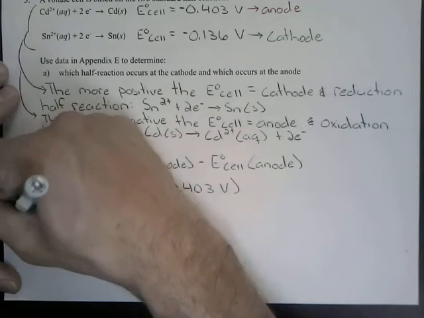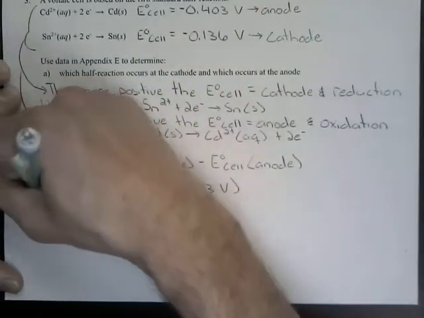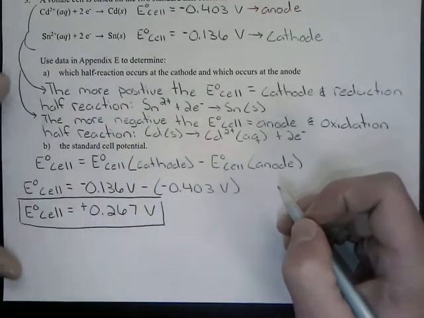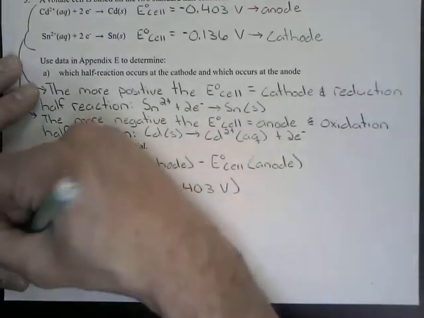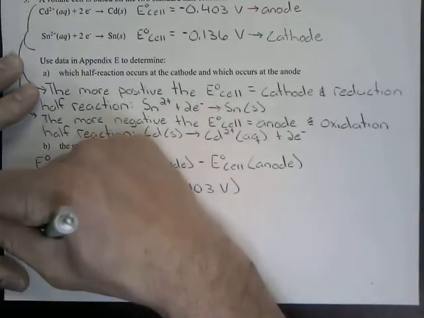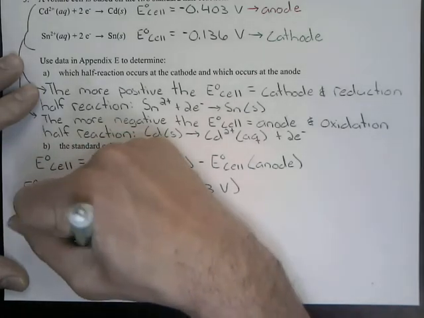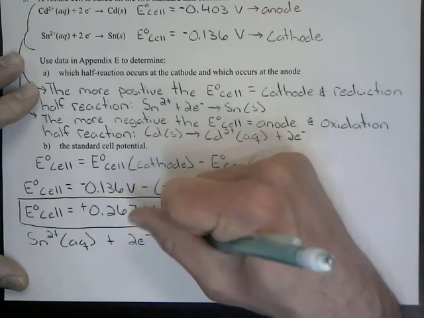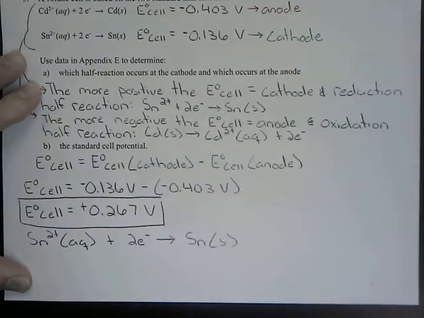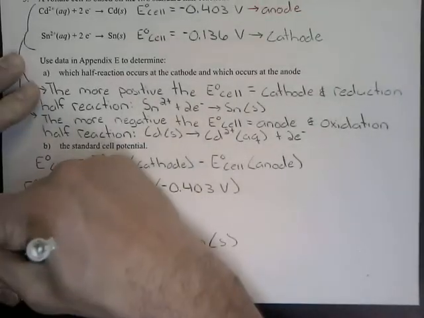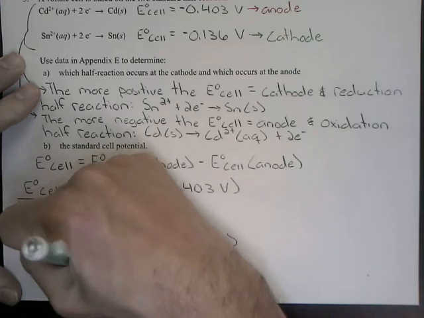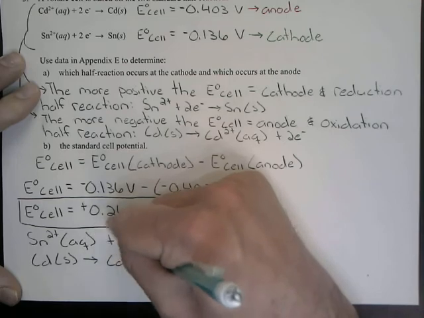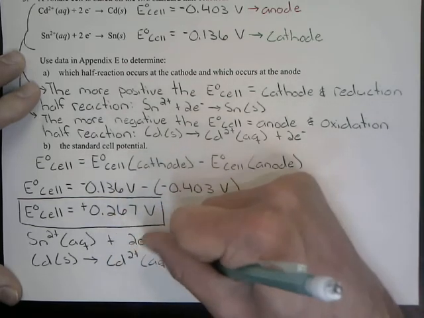Now, I want to go just a little bit further and show you the overall reaction. And so I'm going to write down our reduction half reaction. So I'm going to have tin 2 plus plus our 2 electrons yields solid tin. And then we're going to have solid cadmium gets oxidized to cadmium 2 plus plus our 2 electrons.